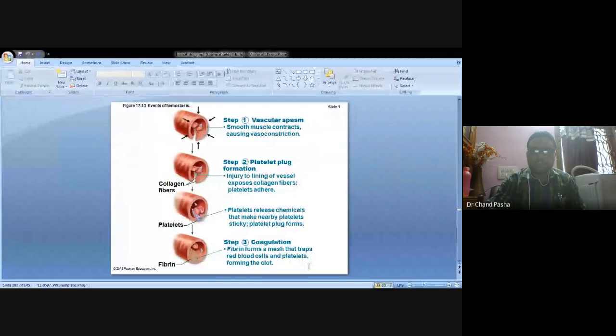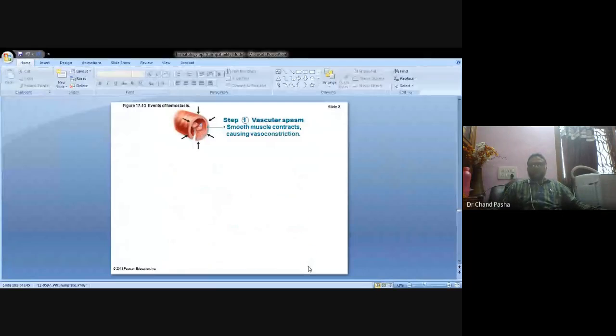So if you see the steps, whatever we already discussed: first, the smooth muscles give the signals, so the longitudinal muscles will contract. That leads to narrowing of the lumen, and it leads to the vascular spasm. In the second step, the plug is formed.